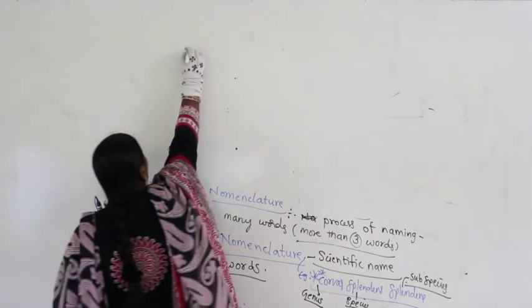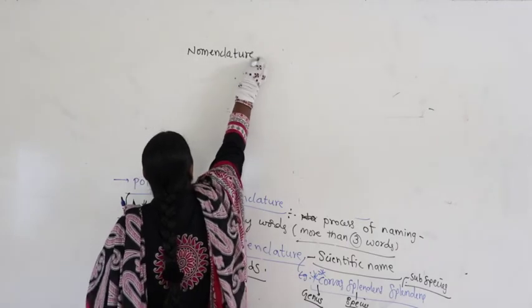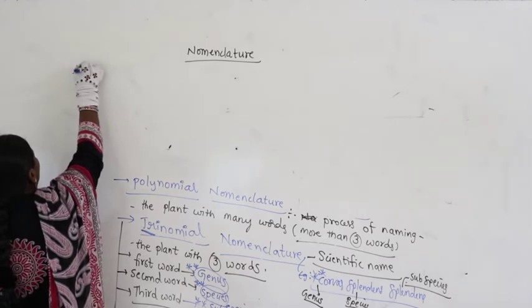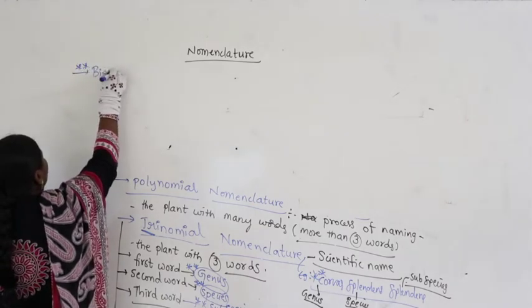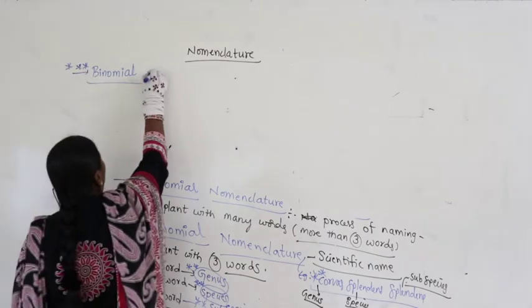So we are in the discussion about the third component called nomenclature. Under nomenclature, what we are discussing, very important one, is binomial nomenclature.